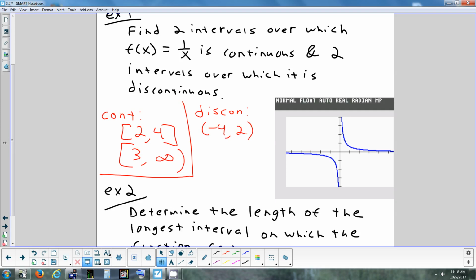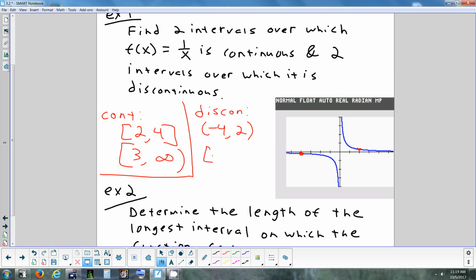I could not trace from here to there. That's -4 to 2. Can't do it. Basically, anytime you cross what number in this graph, you have a problem. 0. Anytime you try to go from a negative to a positive, for this graph, that's where the discontinuity is.